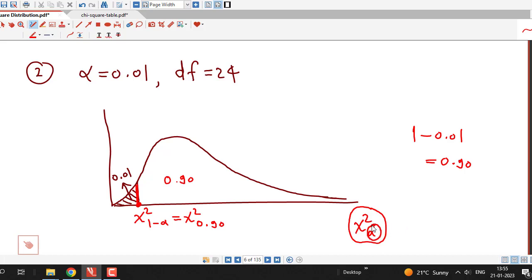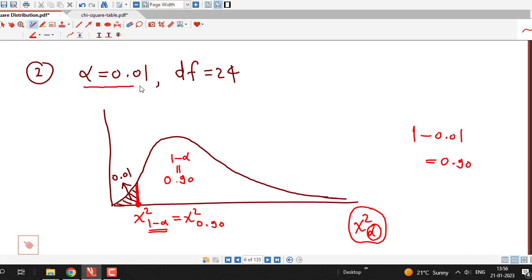If I have alpha here, then I can say that the area to the right of this point chi-square alpha is alpha. If I am writing 1 minus alpha here, that means the area to the right of this point is 1 minus alpha, that is 0.99 in this case.